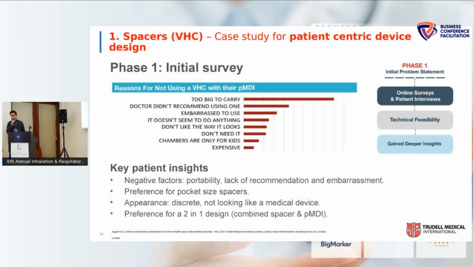Appearance is also important: something discreet that they can possibly use in a social environment without people realizing what it is. And they would have a preference for a two-in-one design, something that you could use as a spacer, but also like a pocket where you can put the inhalation device inside and carry it on.